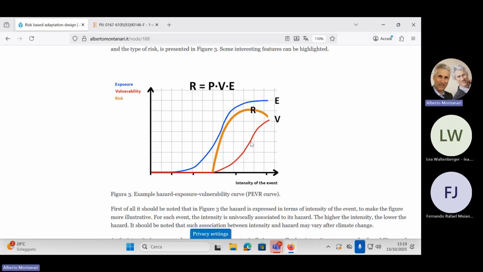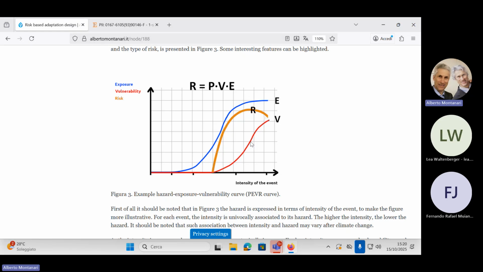Or what is the cost to intervene on probability? Intervening on probability when it is climate related is a bit problematic because you have to intervene on climate. Remember that the reservoir is vulnerability, not probability.